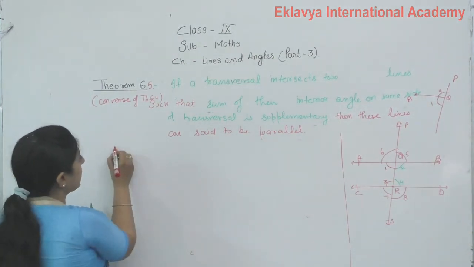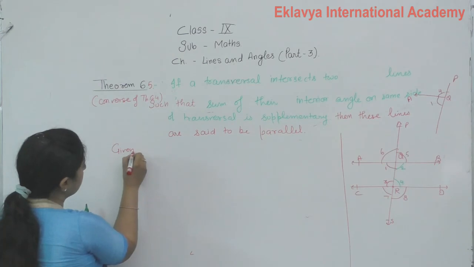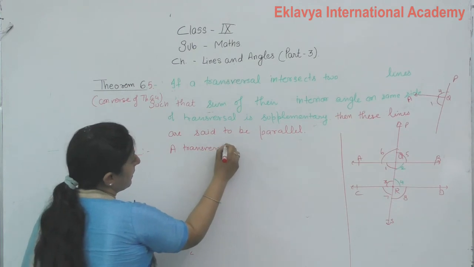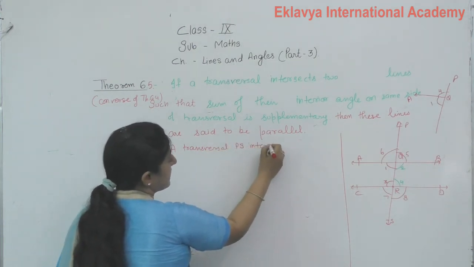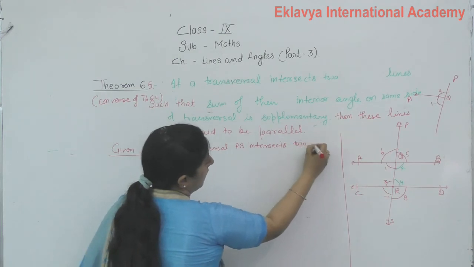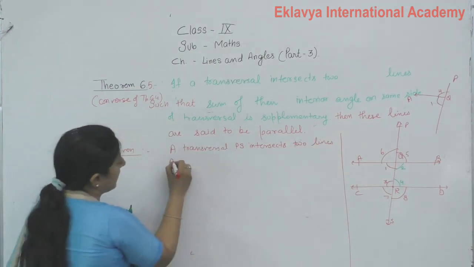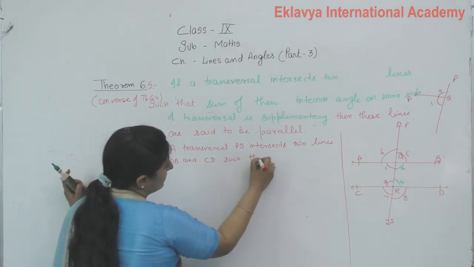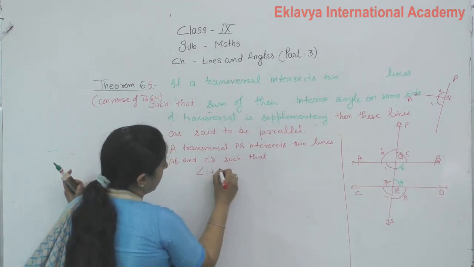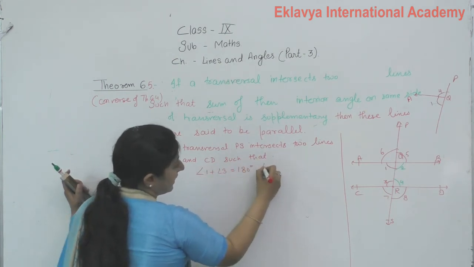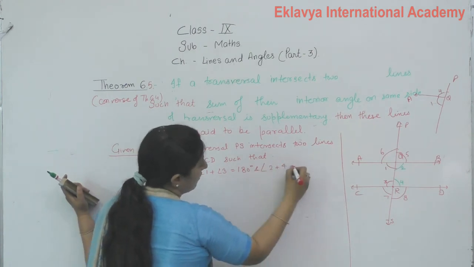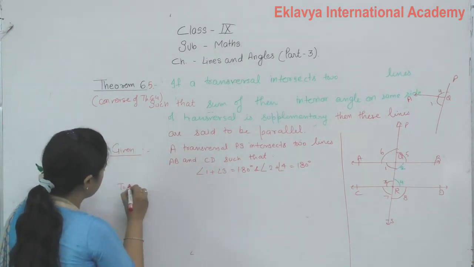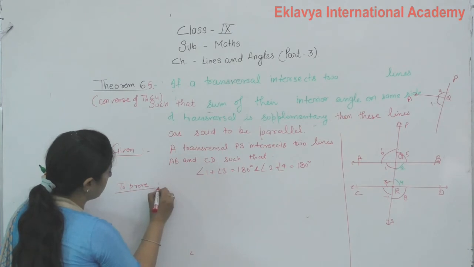Now see, same thing. Given: a transversal PS intersects two lines AB and CD such that angle 1 plus angle 3 is equal to 180 degrees and angle 2 plus 4 is equal to 180 degrees.